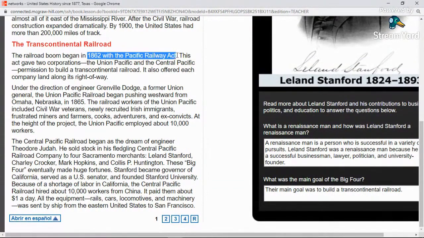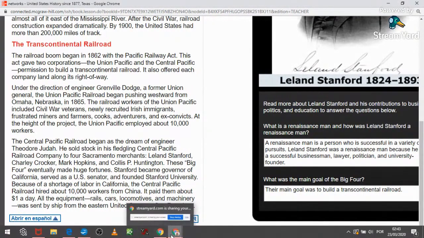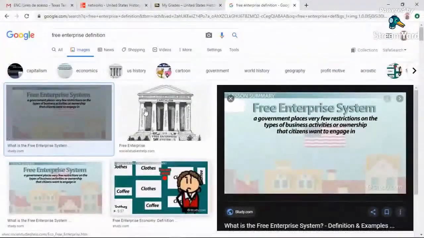So maybe that's something for your notes. And what did this act do? It gave two corporations, the Union Pacific and the Central Pacific, permission to build transcontinental railroads. So these two railroads are very important.